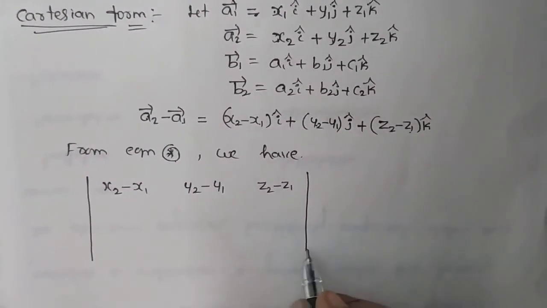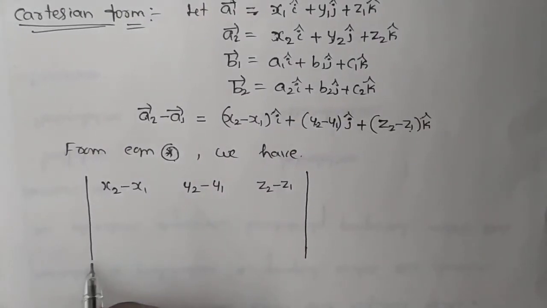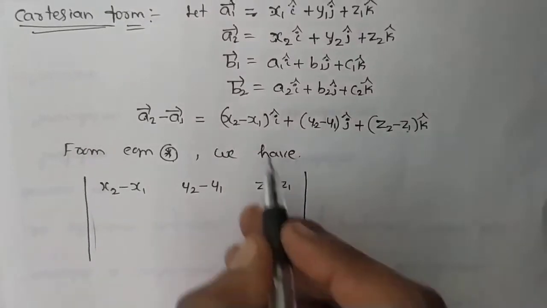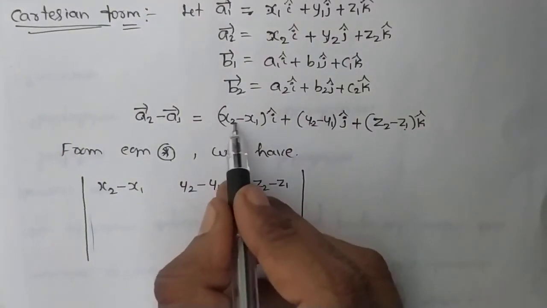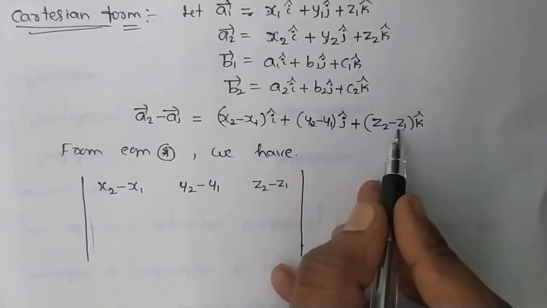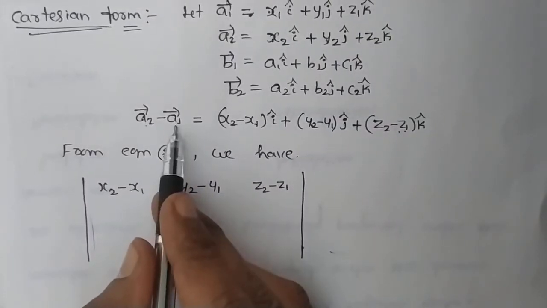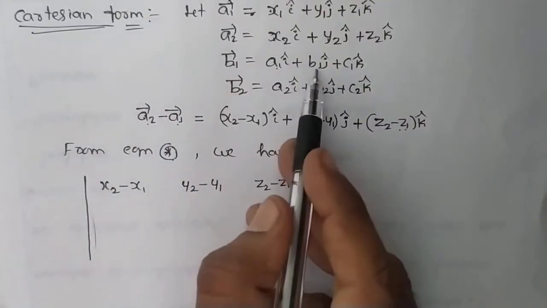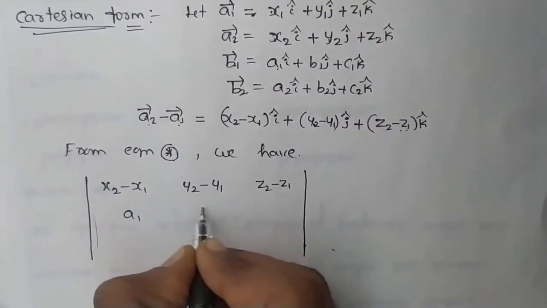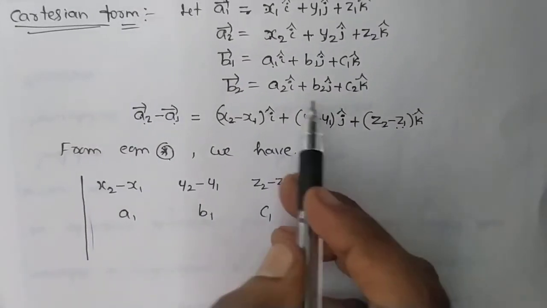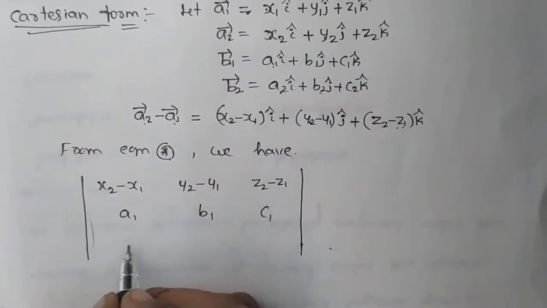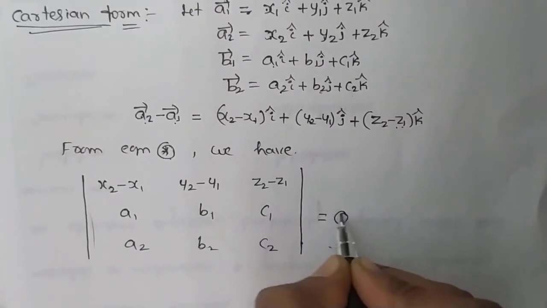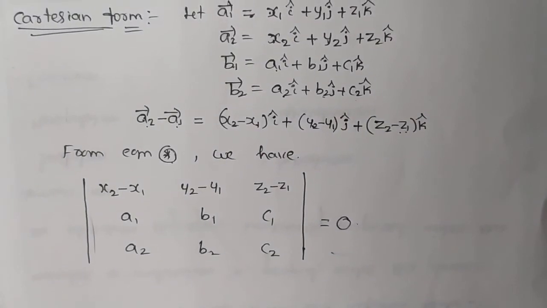Right? Scalar triple product. How to find the scalar triple product? By using the concept of determinant, isn't it? After a2 minus a1, we will have the rows a1, b1, c1 and a2, b2, c2, and the determinant equals 0. Hence, it is the Cartesian form.